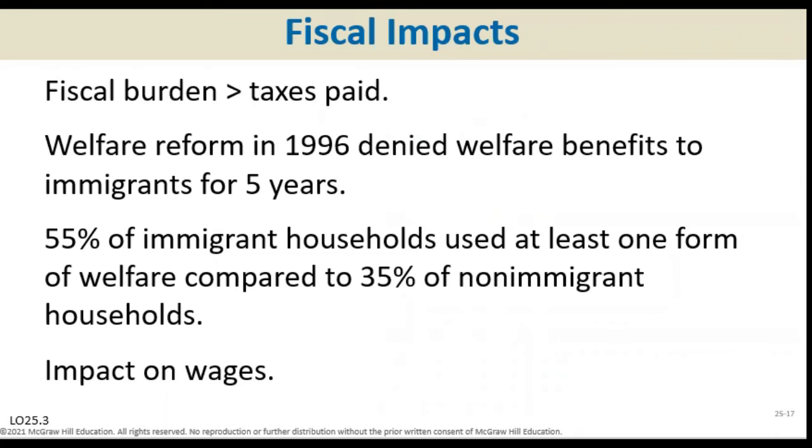So, fiscal impact of immigration. The model suggests that immigration will contribute to higher GDP, but in the United States, many immigrants use the welfare system more than native-born Americans. It is even argued that the welfare system in the United States is one of the major attractions for immigrants.